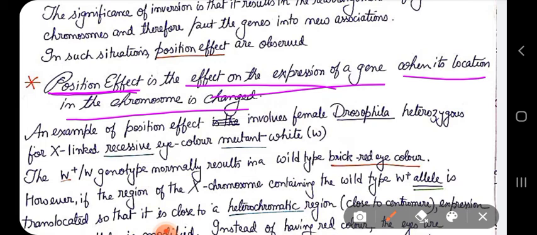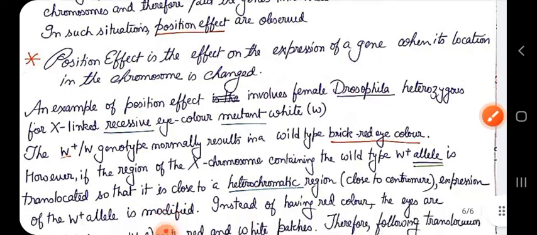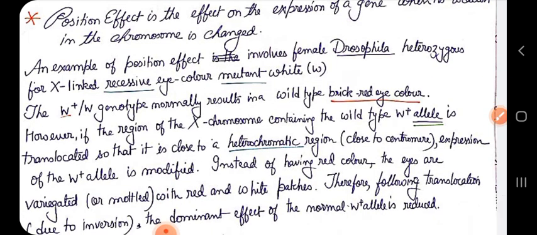That means what will be the expression of the gene if its position is changed. An example of position effect is the female Drosophila heterozygous for the X-linked recessive eye color mutant white. This is a simple explanation of the position effect.